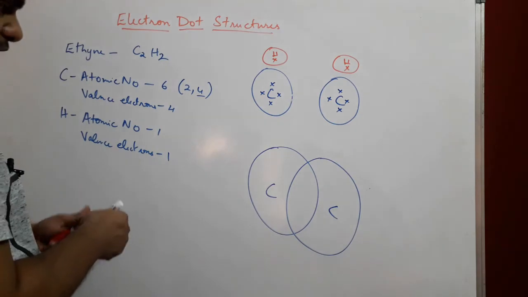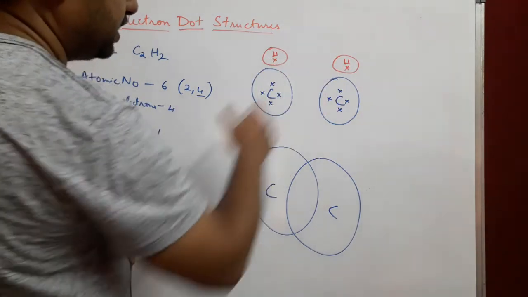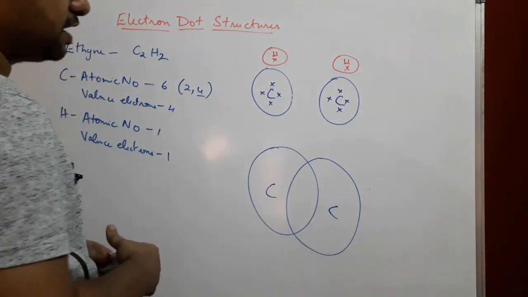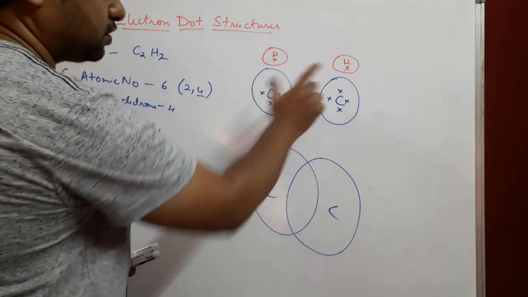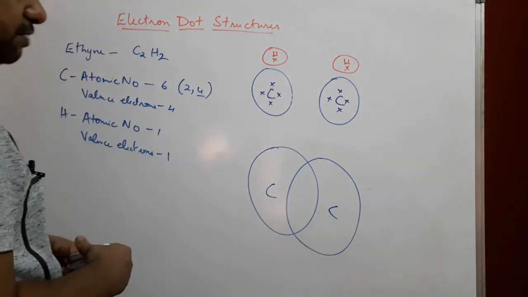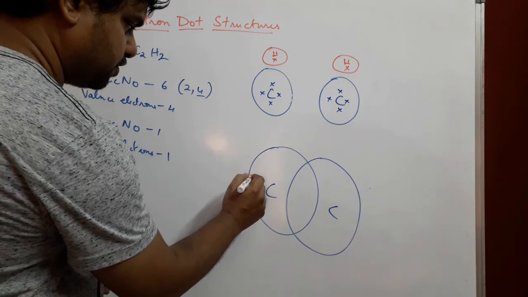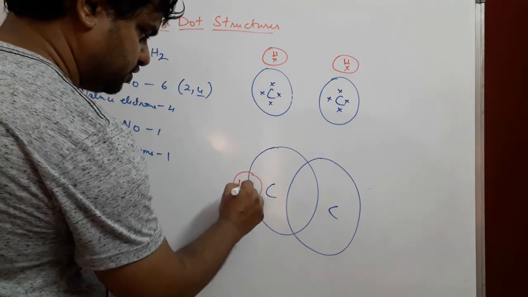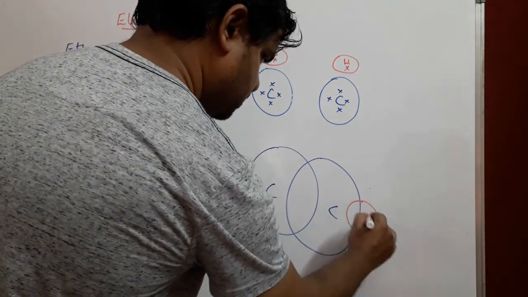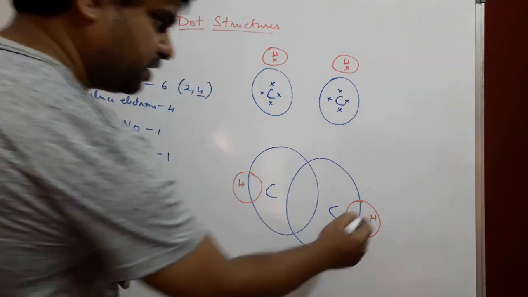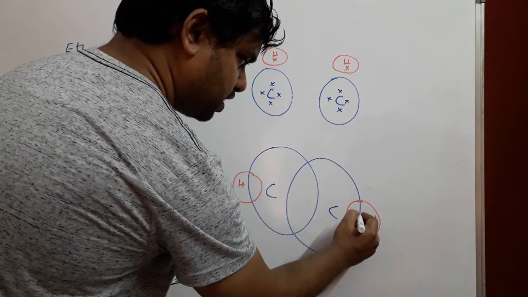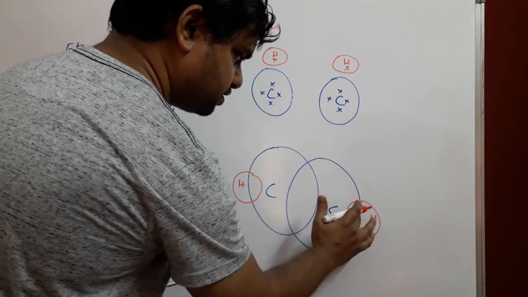Now there are 2 hydrogen atoms, and each hydrogen atom needs just 1 more electron to gain the stable configuration. So I'll draw it over here: hydrogen, hydrogen. And it will give 1 electron for sharing purpose.